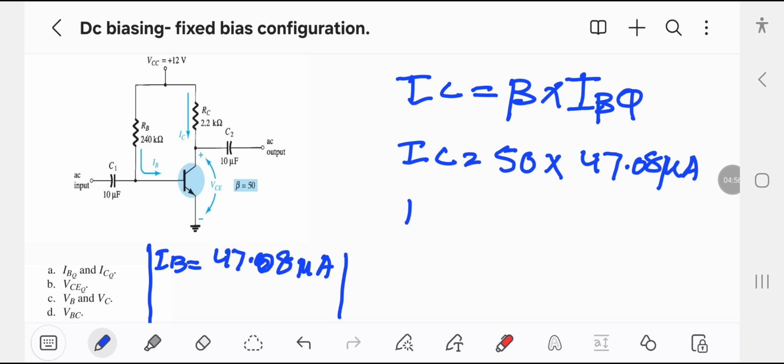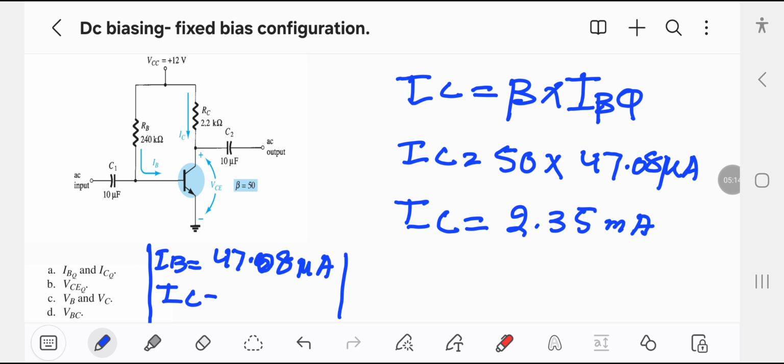So if we calculate all these values, IC is equal to 2.35 milliampere. So the calculated value here is 2.35 milliampere.